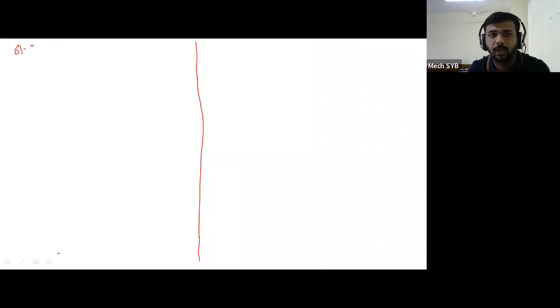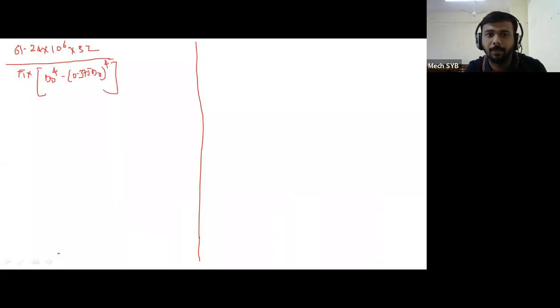So 61.24 into 10 raised to 6 into 32, I will take at the top side, divided by pi into D0 raised to 4 minus 0.375 D0 raised to 4, square bracket complete, 60 into 2 divided by D0. Same value you will get: 61.24 into 10 raised to 6 into 32 divided by pi.